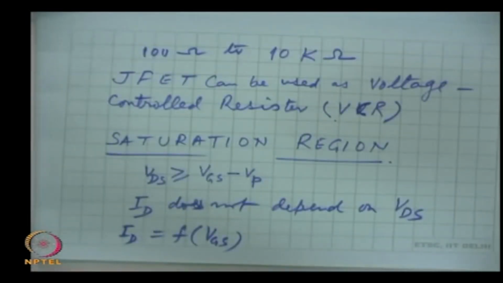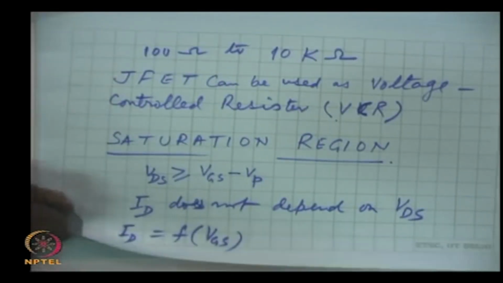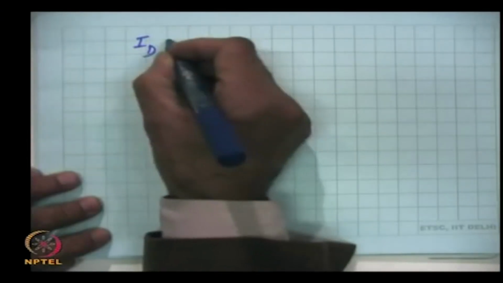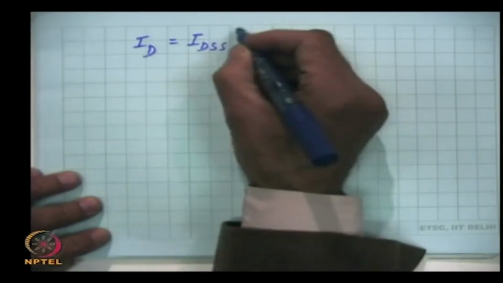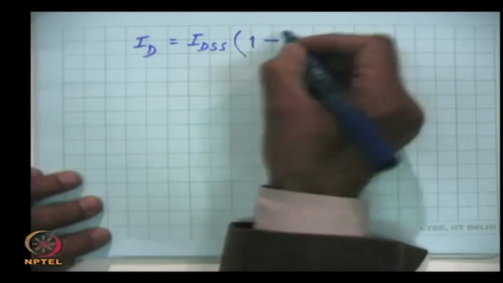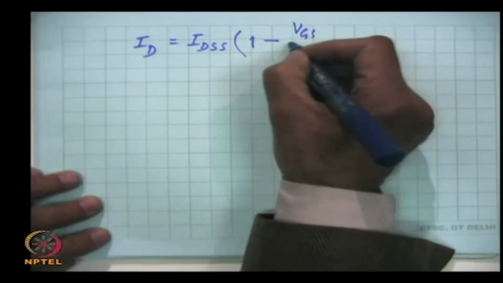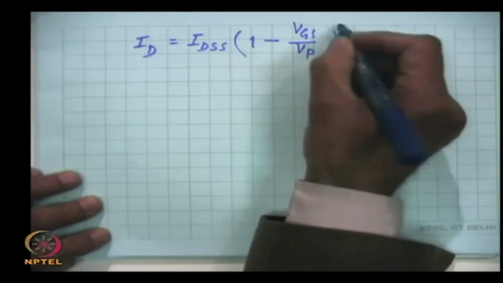Here the dependence of drain current on the gate source voltage has a nonlinear relationship, and this relationship can be expressed by a square law: ID, the drain current, is equal to IDSS times (1 minus VGS by VP) squared.